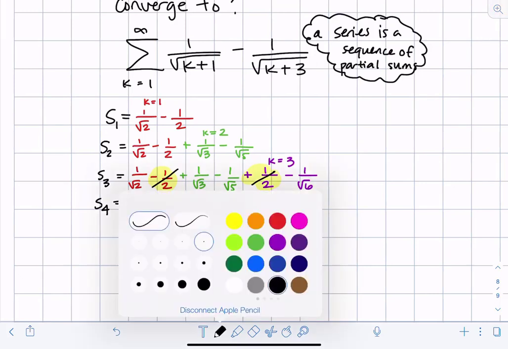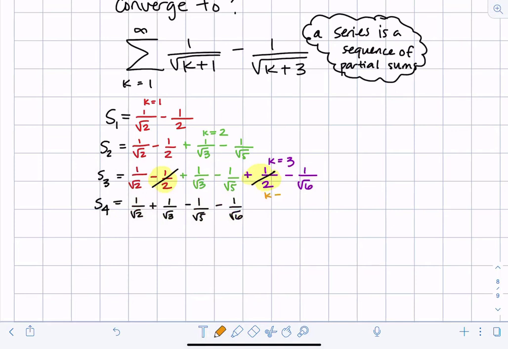And now we're going to plug in, let's use a different color, k equals 4, and we'll get plus 1 over root 5 minus 1 over root 7. And what do you know? Our minus 1 over root 5 and positive 1 over root 5 will cancel.